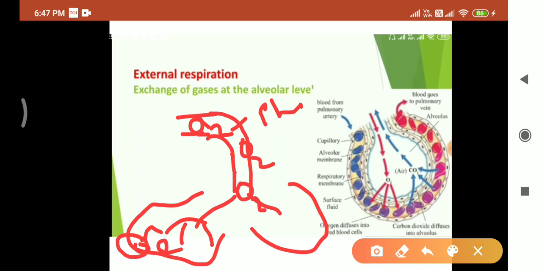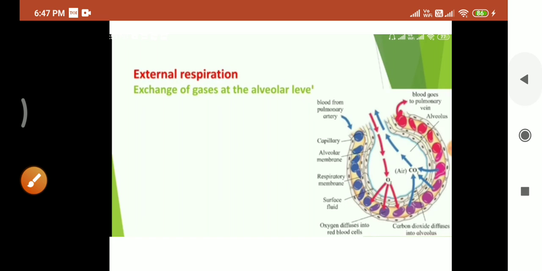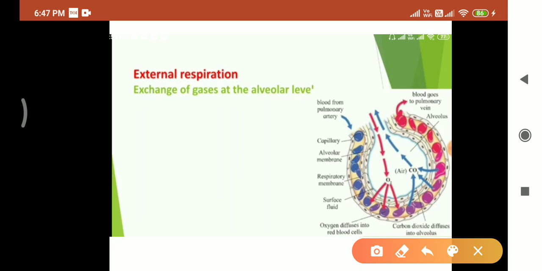From this level, air is exchanged between the alveoli and the blood. Alveolus to blood. I hope this is clear to you. In this picture you can see this structure; we will discuss it in detail.